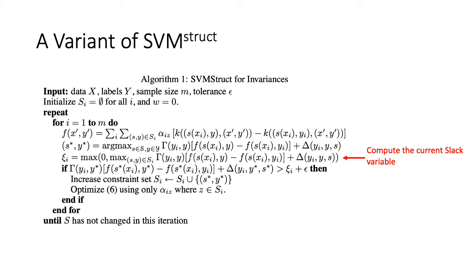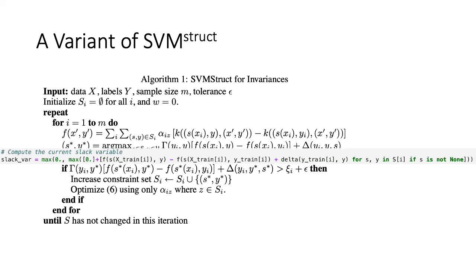The third part is just computing the slack variable. So we're back to looking at the restricted subspace of the working set of the current training example. We take basically the worst constraint transformation that we've seen so far, and then in this if statement down here, we compare it to the slack variable.